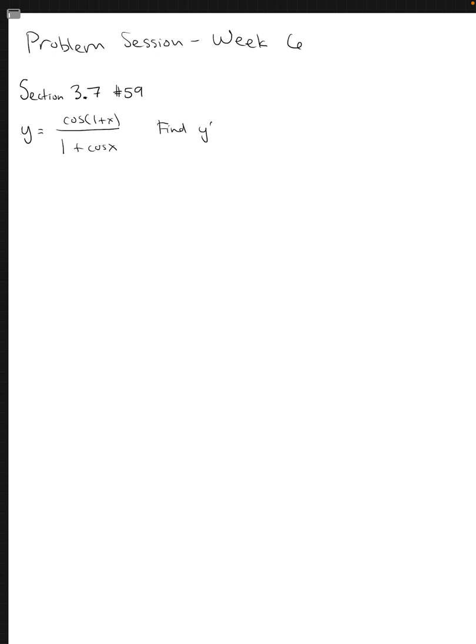And there's two rules that apply, right? And right off the bat, we see it's a quotient, right? So it's one thing divided by another. So if we look at it, the low is 1 plus cosine x. And that one's pretty easy to take the derivative of. We don't even have to use any rules. Well, I guess we're technically using the constant rule.